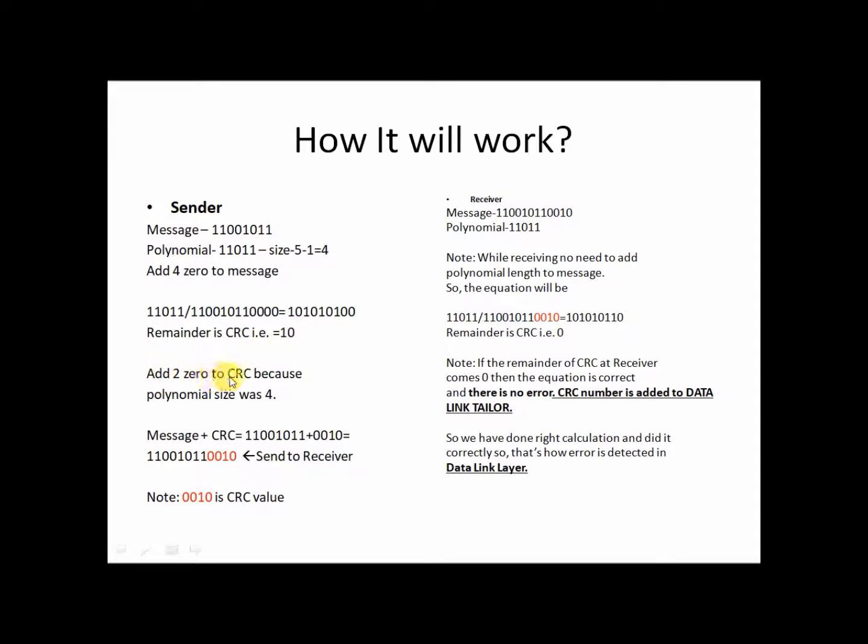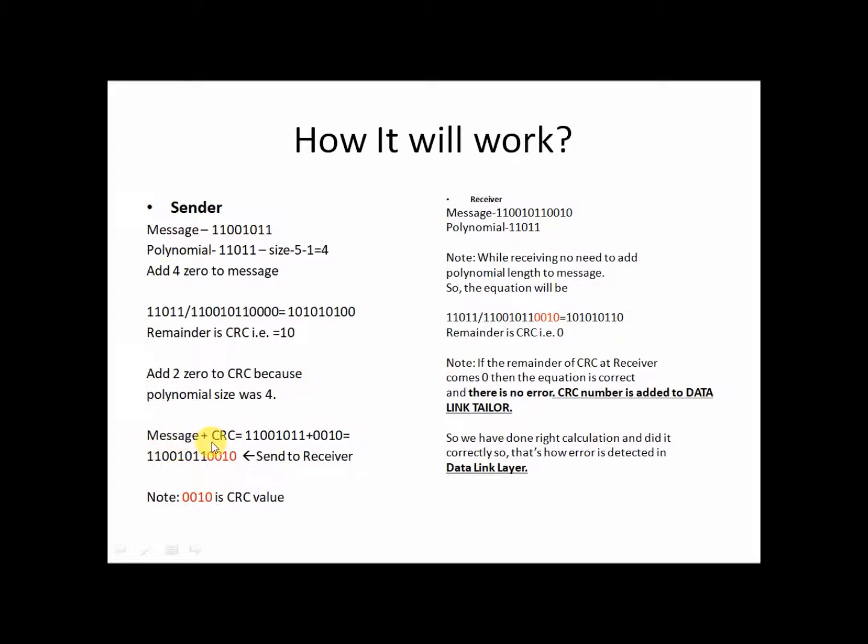Add 2 zeros to the CRC because the polynomial size was 4. So what it is saying is to add zeros to the CRC because the polynomial size was 4. If you have 6 zeros, you will have to add 3 zeros.